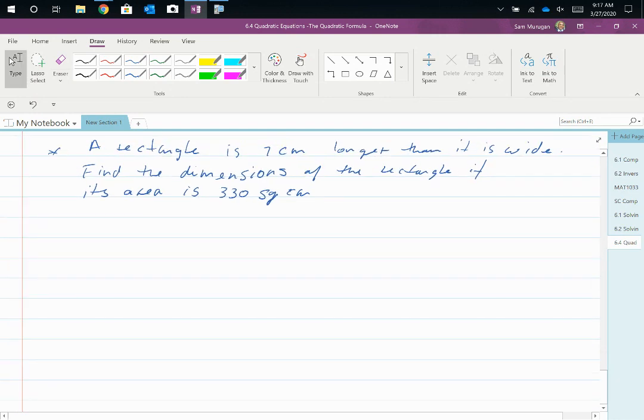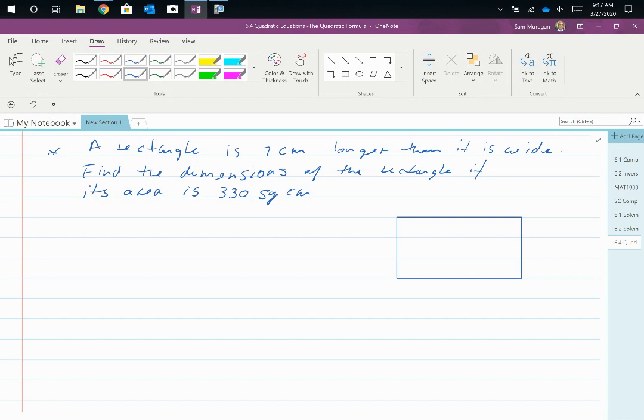So it probably helps to see a picture of this rectangle. And we know we have a length and a width. So let's call the sides x and the other sides x plus 7 centimeters longer.